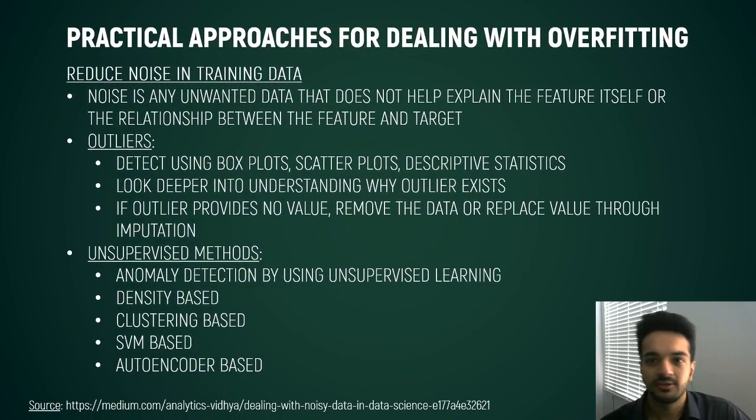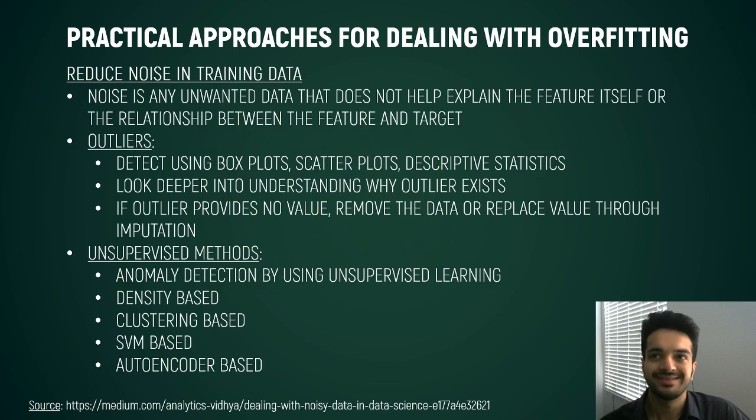Now, another way to reduce or deal with overfitting is by reducing noise in training data. The noise is just any unwanted data that does not help explain the feature itself or the relationship between the feature and the target. And outliers can be considered noise in some cases.